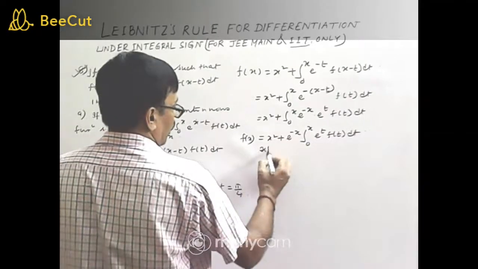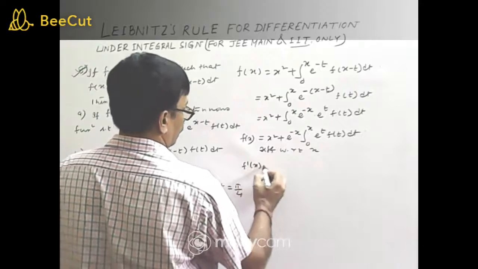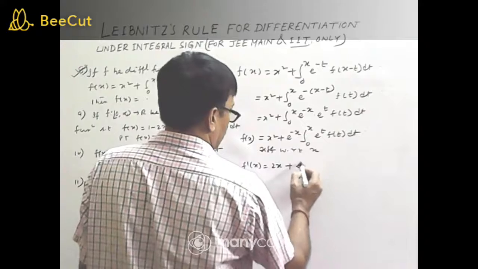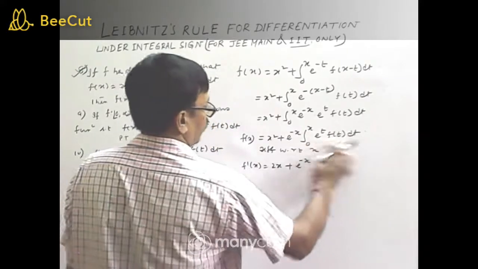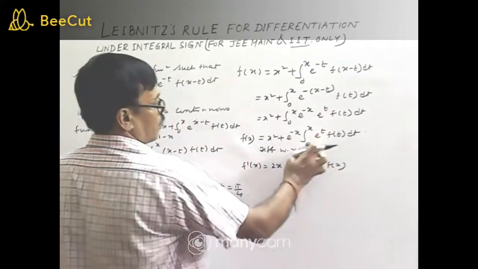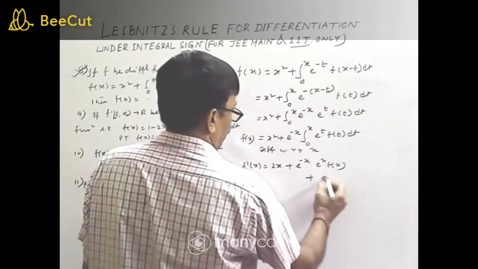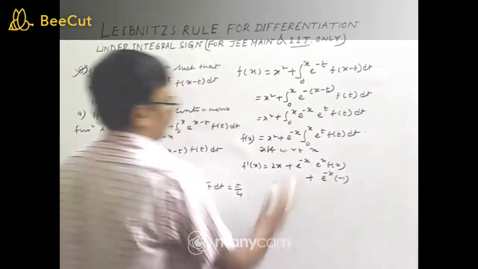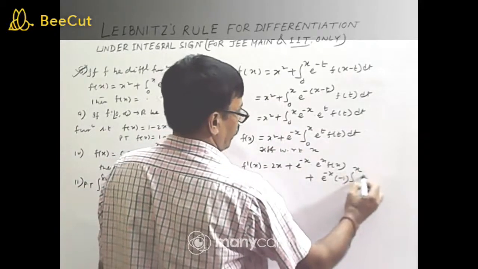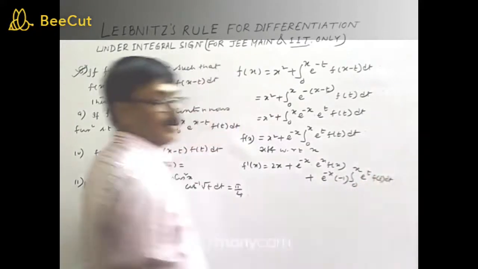So differentiate it with respect to x. So f'(x) equals 2x. Now e to the power minus x unchanged. Differentiation of the integral of e to the power t f(t): t is replaced by x, so derivative of x is 1, plus e to the power minus x into minus 1, derivative of e to the power minus x, and this one is the integral of e to the power t f(t) dt.